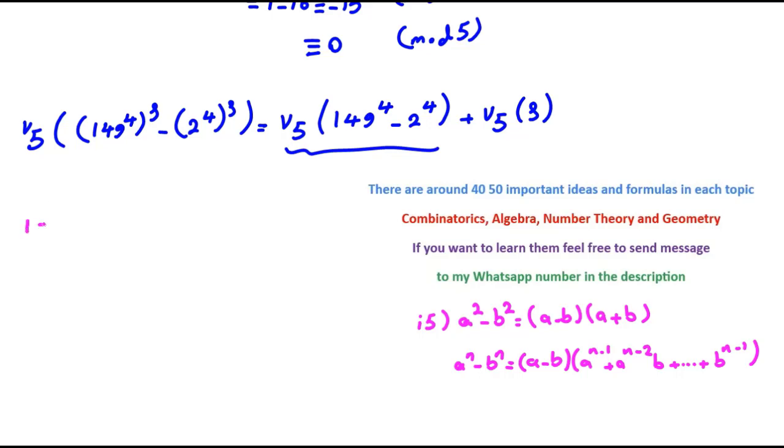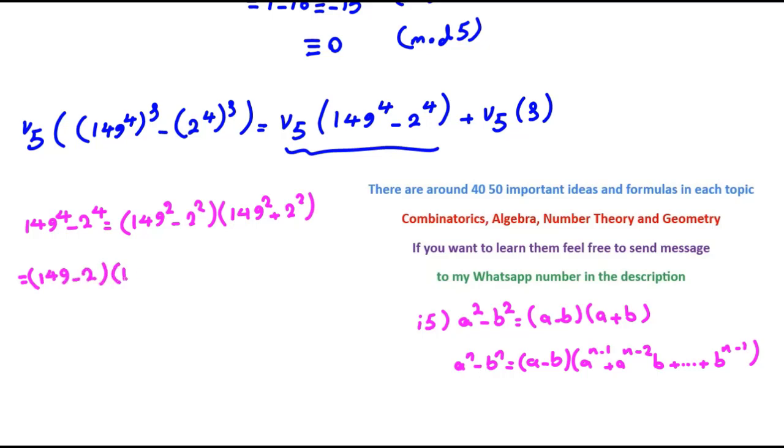If you apply it to 149 to the 4 minus 2 to the 4, we want to find the power of 5. It will be 149 squared minus 2 squared times 149 squared plus 2 squared. Then we can write it as 149 minus 2 times 149 plus 2 times 149 squared plus 2 squared.